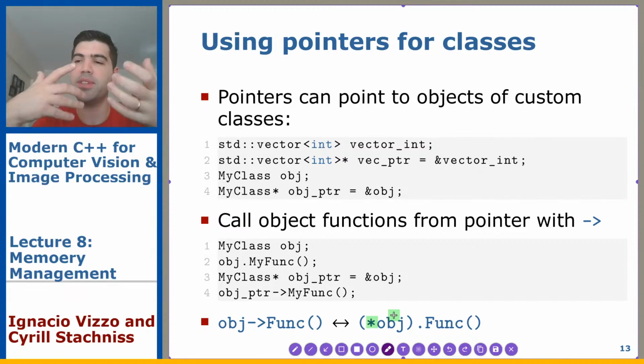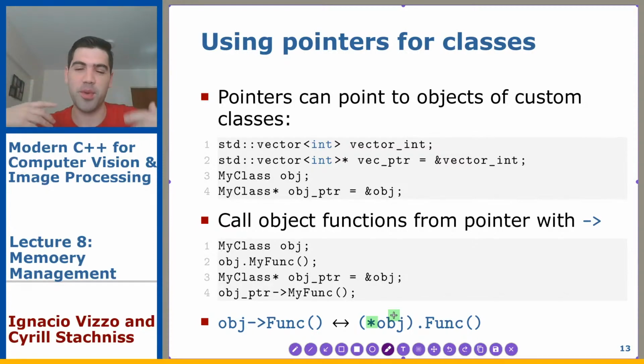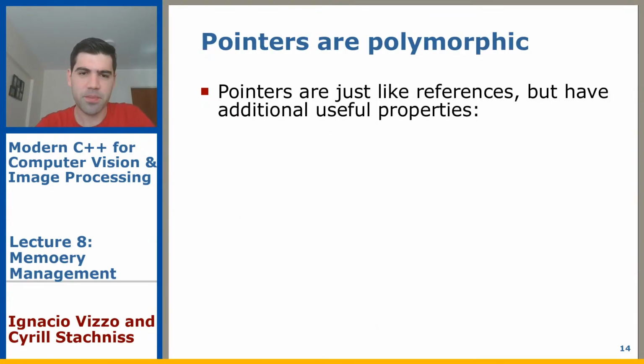So when you dereference a pointer, you get what you're pointing to, and this is when you start thinking like this, you will get into all sorts of trouble. So take it easy, and then you just call the function normally. So this is basically syntactic sugar for this call.